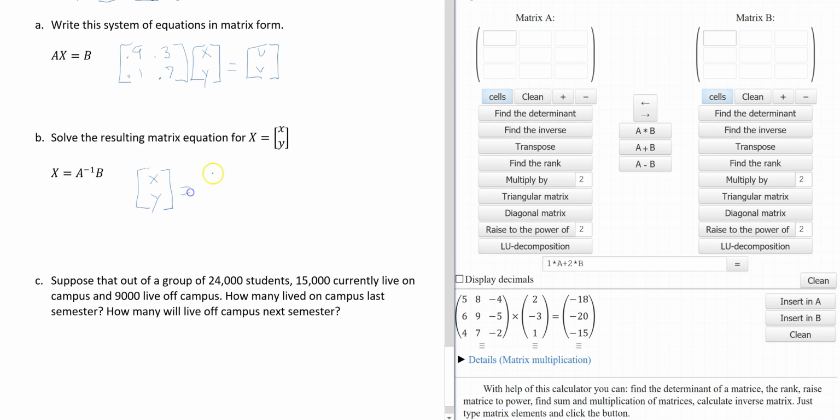And that is going to equal the inverse of matrix A, so 0.9, 0.3, 0.1, and 0.7 to the inverse power. And that will be multiplied with matrix B, which is U and V. So that's what matrix X equals.